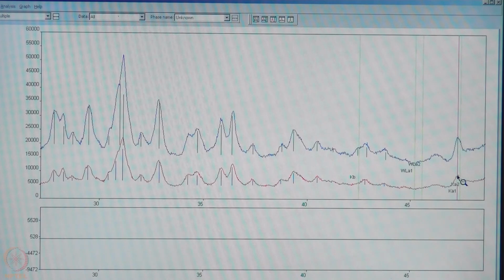So always we must remove K beta, either at the end of the source, that is before the diffraction occurs, or before the diffracted beam meets the detector and generates signal, the K beta filter has to be placed. The K beta filter can be placed immediately after the optics, before the X-ray falls on the sample, or after the diffraction occurs from the sample and before the beam reaches the detector.